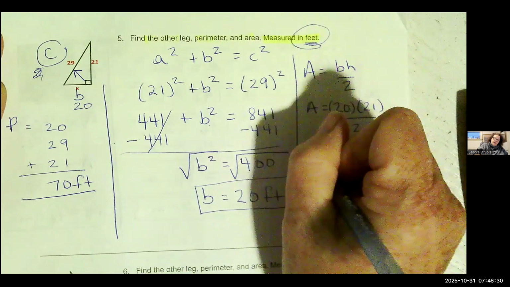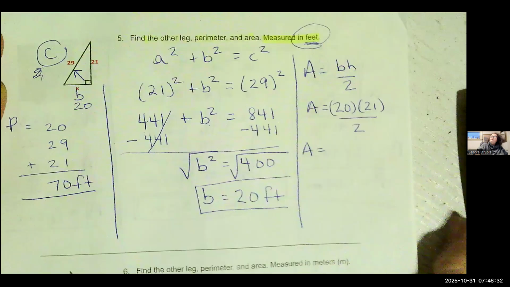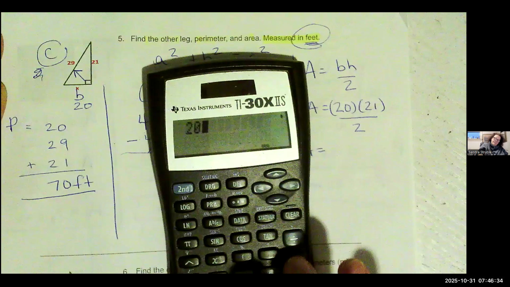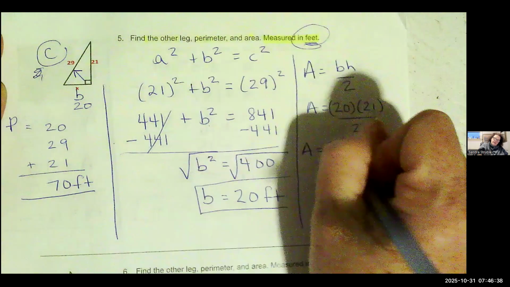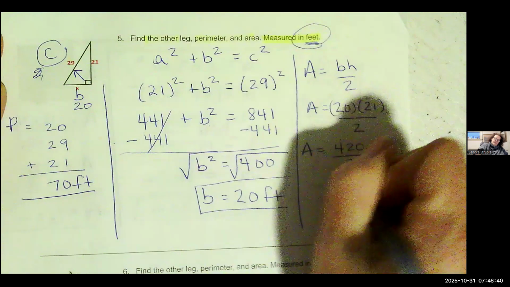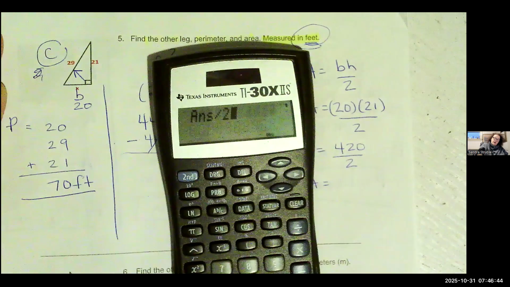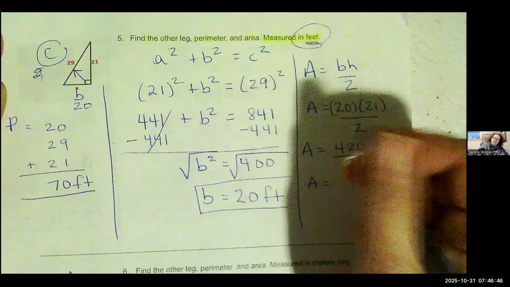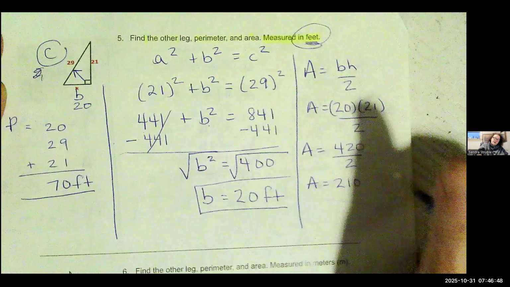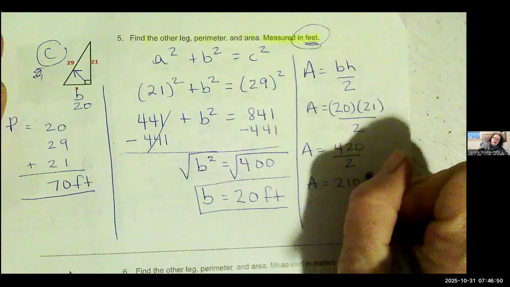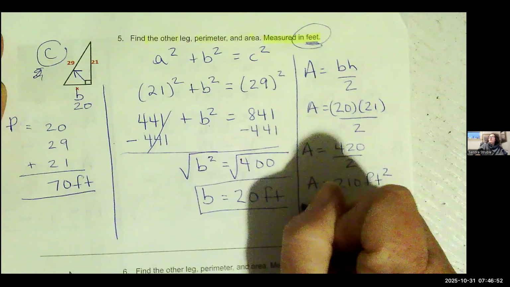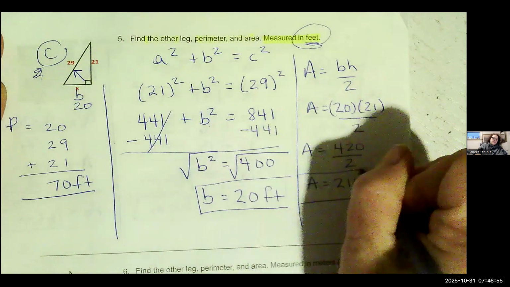All right, so 20 times 21 is 420, divided by 2 is 210. Let's talk units. It's not just feet. Area is always measured in squares. So please do not forget to put a square for your feet.